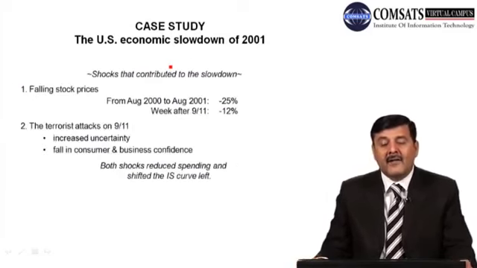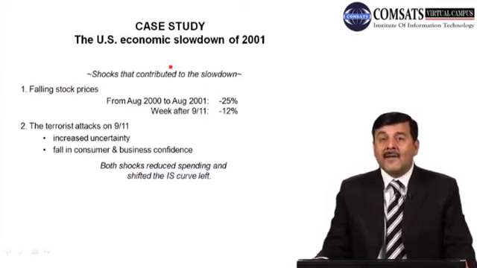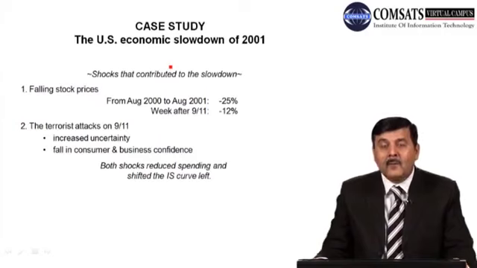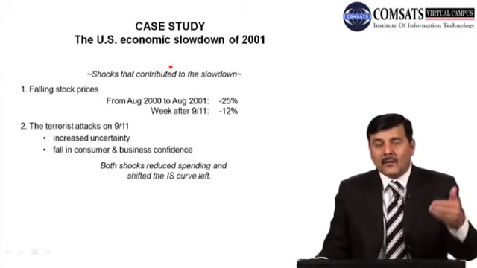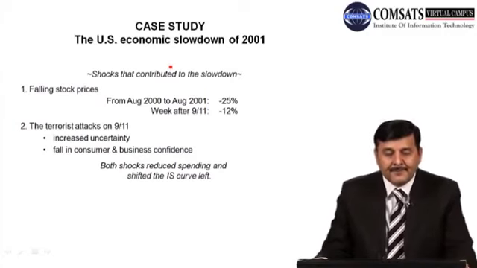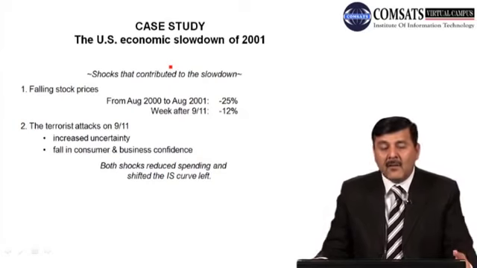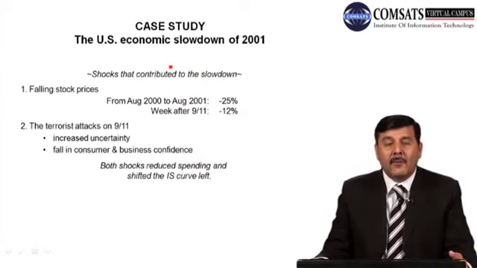Now, the shocks that contributed to this slowdown. What were the shocks? What were the factors which brought a slowdown in the US economy? Number one, the first shock was falling stock prices.